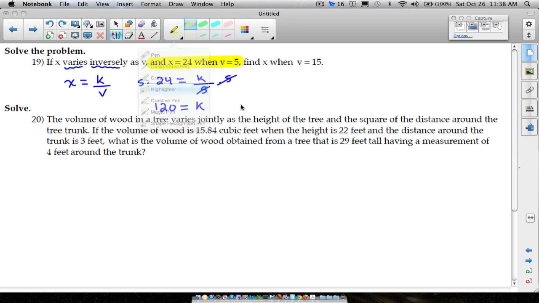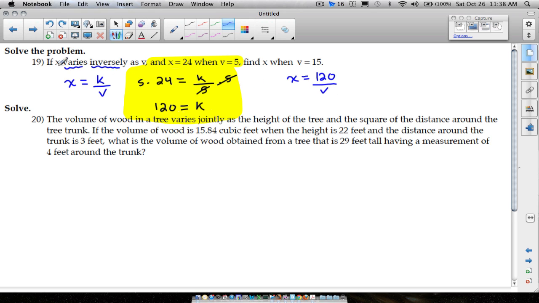So again, I focused my attention in yellow to help me out there. The goal is you have to find the k first before you can start solving other equations. We found our k, so our new equation is now x equals 120 over v.